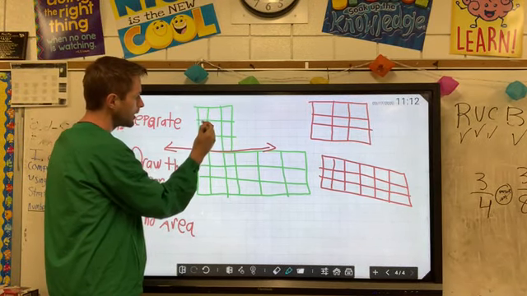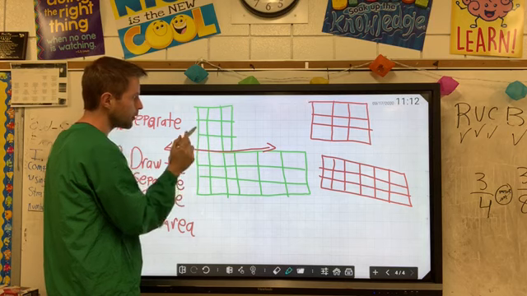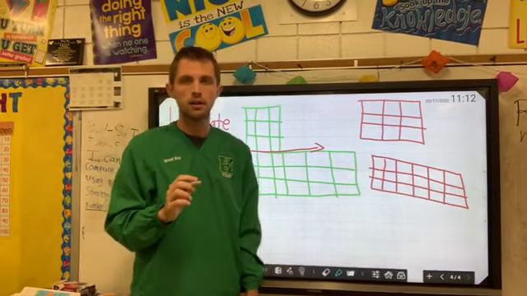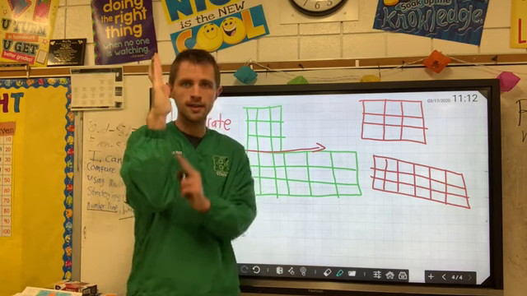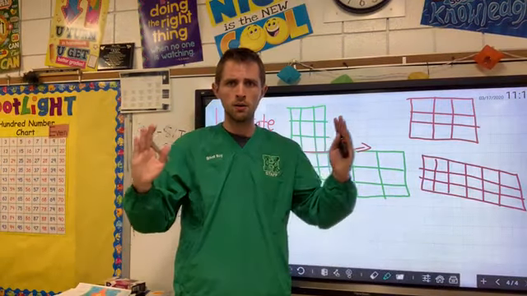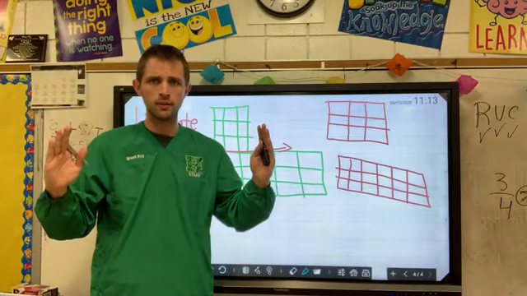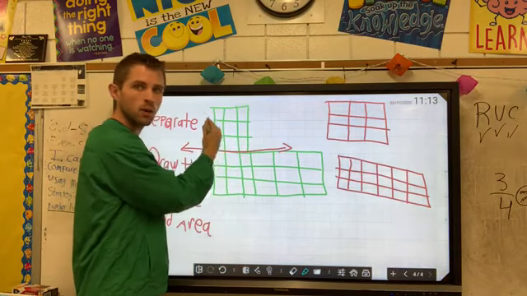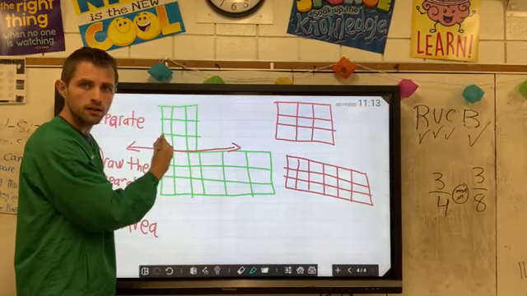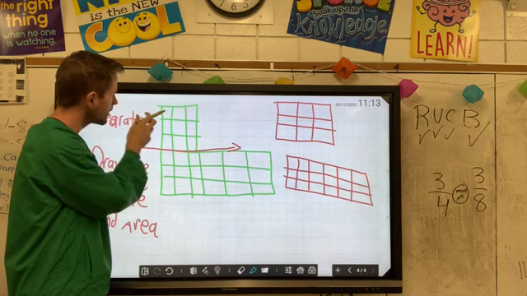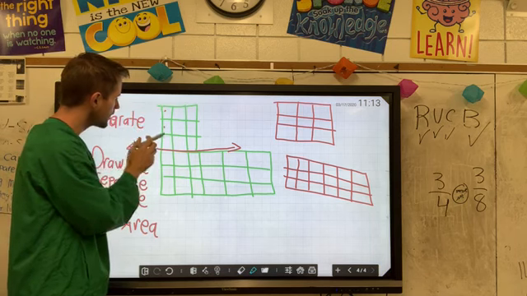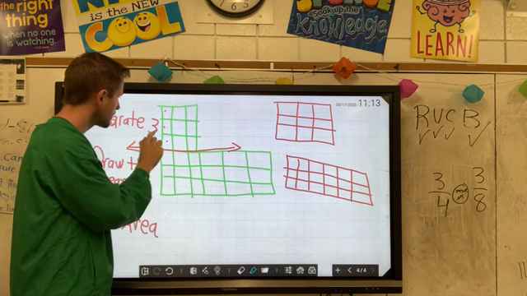how many do we have as our length? Well, remember, length is how tall something is, so it's always going this way, right? Width is how wide something is, so it's always going this way. So our length is going up and down here, and we're going to count down for our length. 1, 2, 3. So it's 3 units.